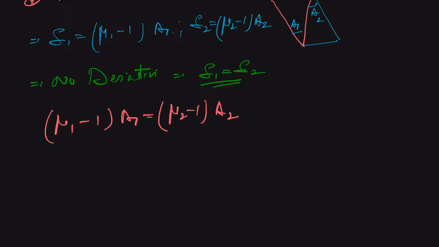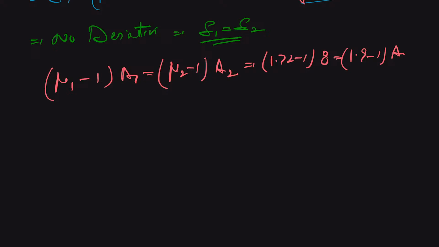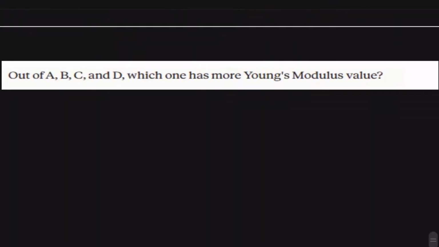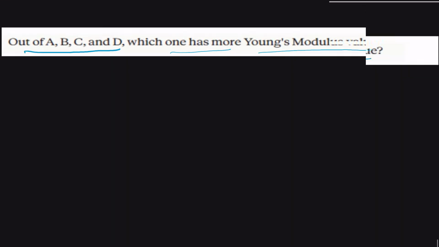Substituting the values, we get (1.72 minus 1) multiplied by 8 is equal to (1.9 minus 1) times A. This gives us that the value of A is close to 6.4. Okay, this is for no deviation. Next question. It states that out of A, B, C, D, which has more Young's modulus value. A basic graph is given to us.